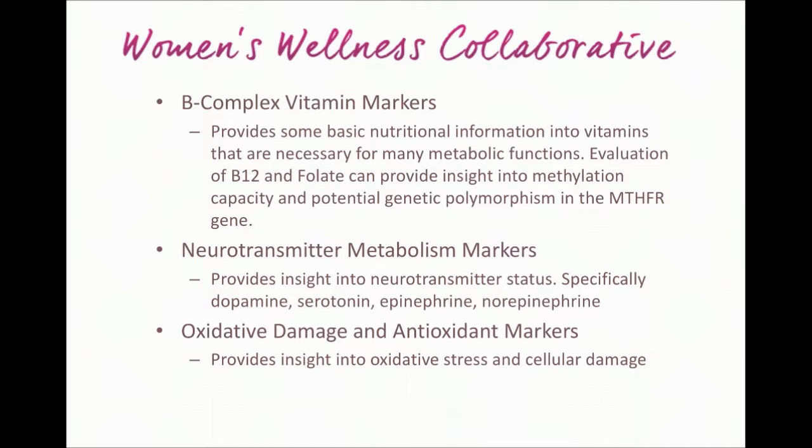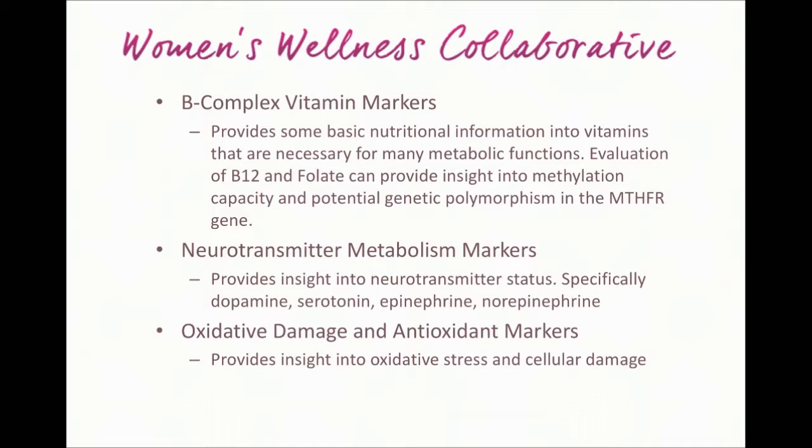The organic acids test also looks at B-complex vitamin markers, so we get some sense of your overall nutrient status, particularly as it relates to B vitamins, which are essential to hundreds and hundreds of metabolic functions. And it also specifically evaluates for B12 and folate, which are essential in the methylation cycle.